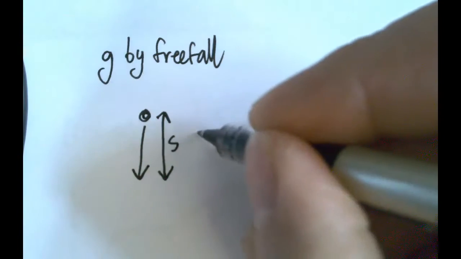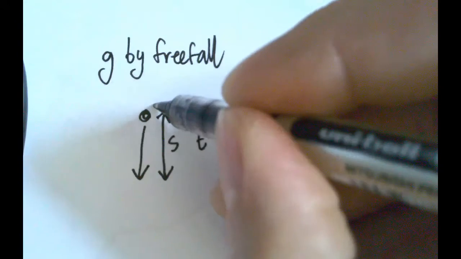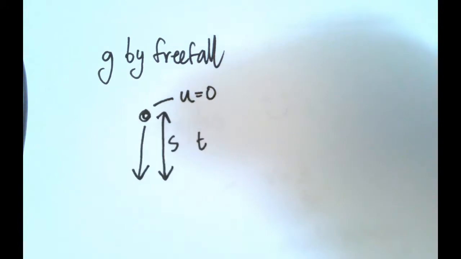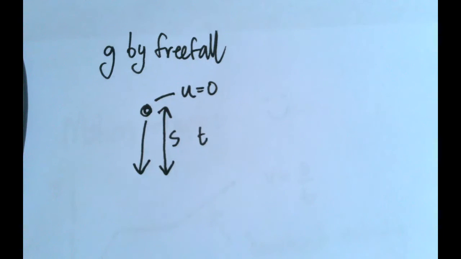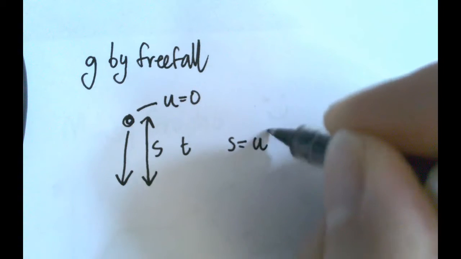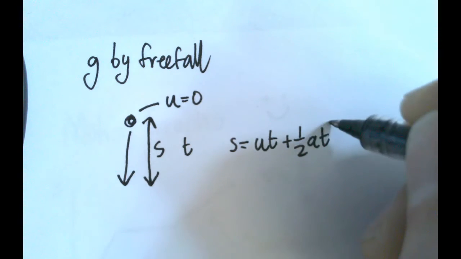That height we're going to call s. We're going to time how long it takes to fall that far, and from that information, knowing that it starts at rest, so the initial velocity is equal to 0, we could use one of our SUVAT equations, s equals ut plus half at squared.